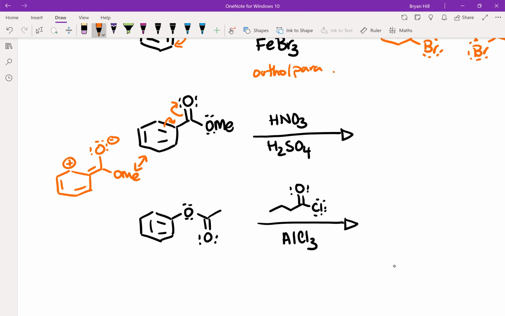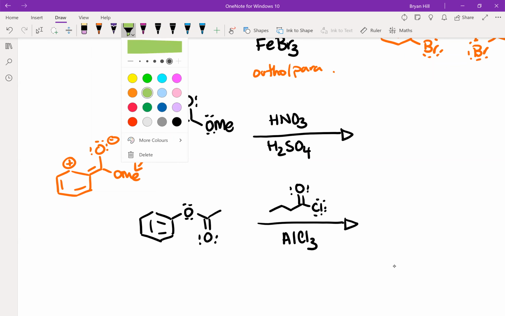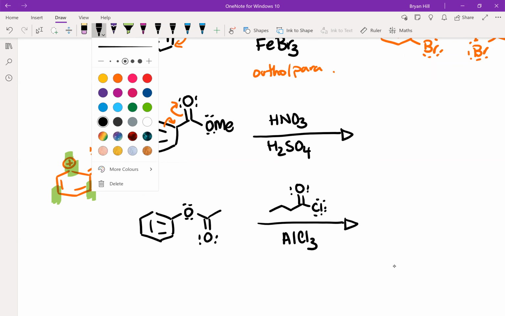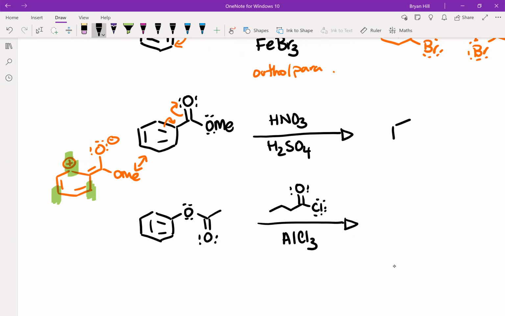Where we can pull electron density out of the ring, and it's got a positive charge, and this positive charge will be a resonance structure where it goes positive charges here or here or here. So the first one does direct meta, which a couple of people have messaged me about. So our product will look like this. So this ester directs meta.